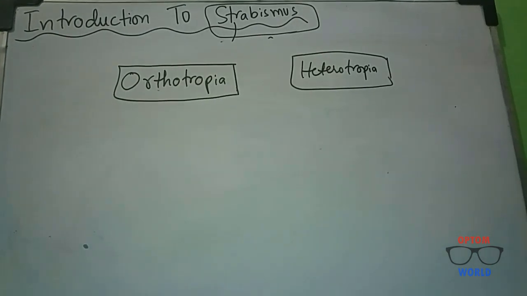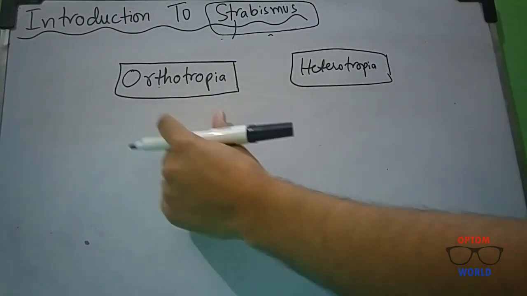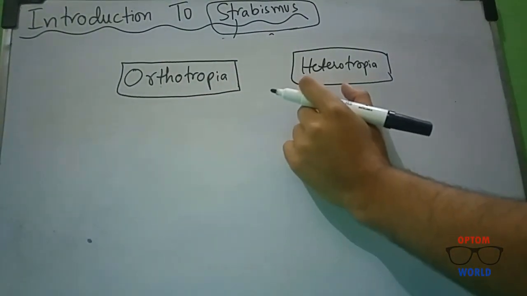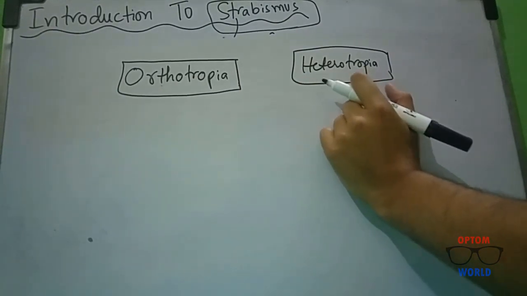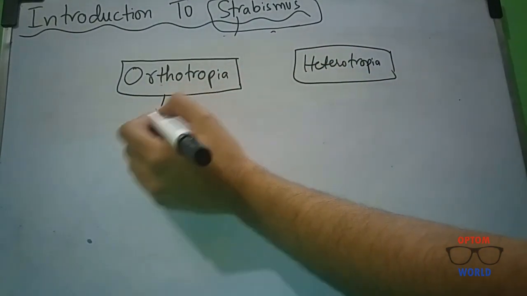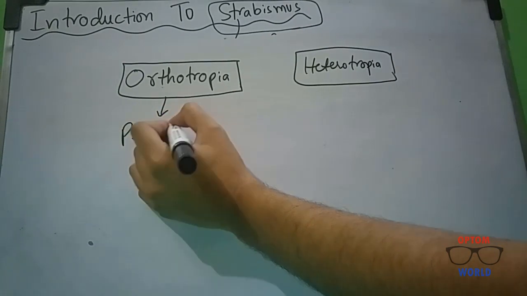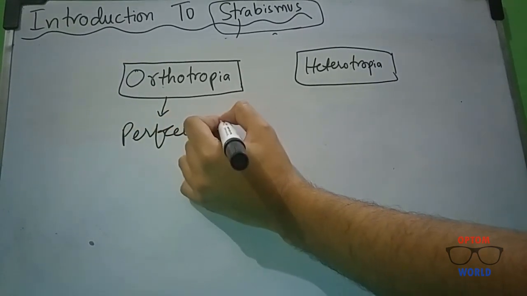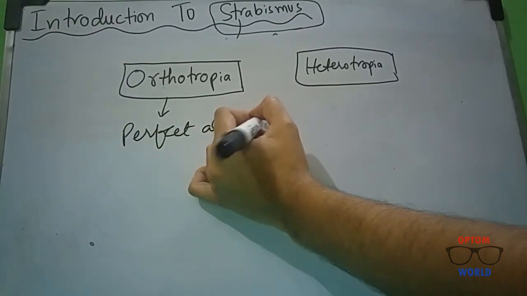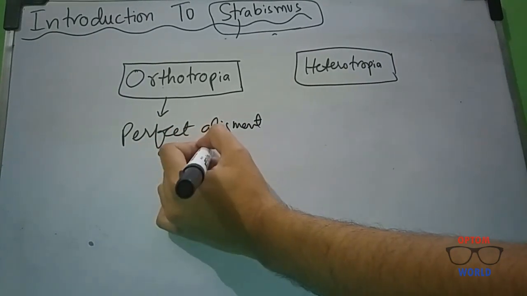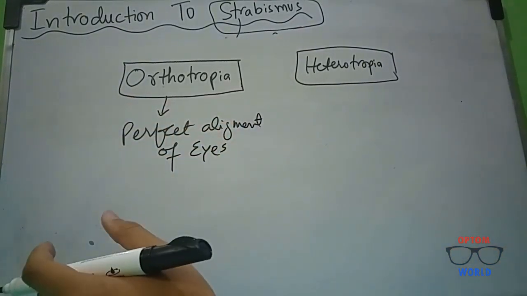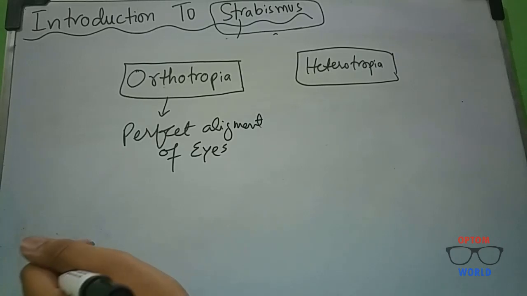Now there are two important terms. Number one is orthotropia, and number two is heterotropia. Orthotropia means perfect alignment of the eyes. Or simply you can say straight eyes.